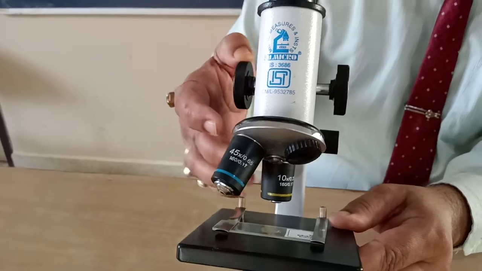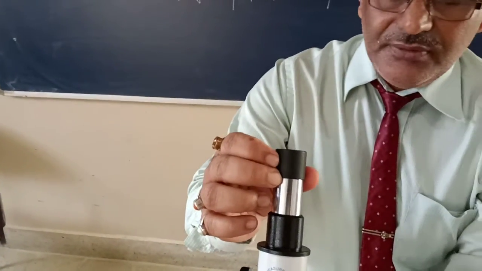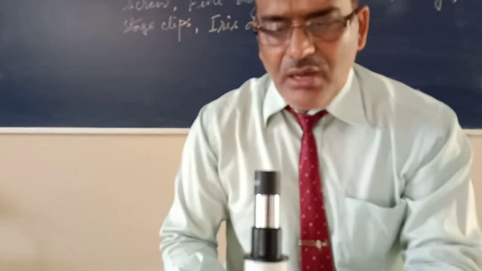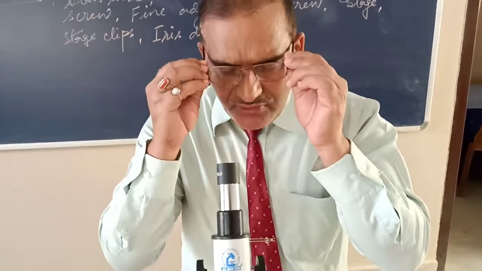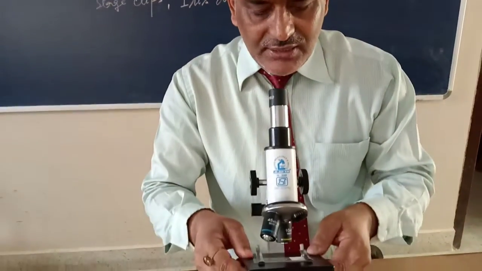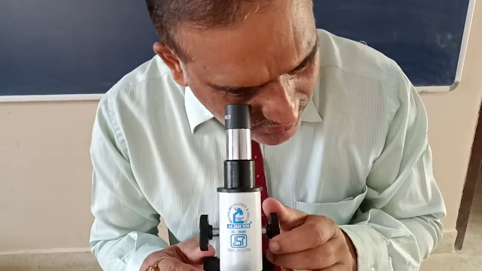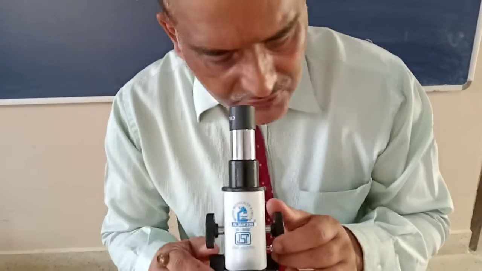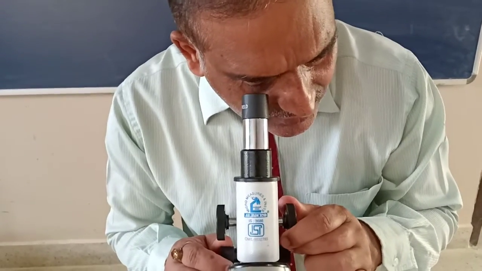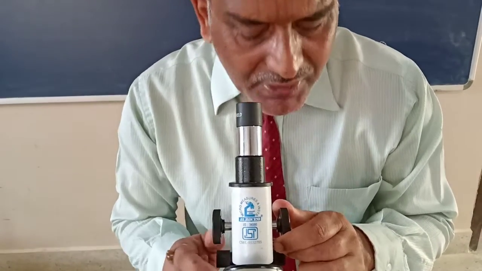the lens called the eyepiece. Suppose I want to see the slide. The slide has been focused, and I want to see it. So I have to place my eye just above this lens. This lens is called the eyepiece. So how many lenses are there?